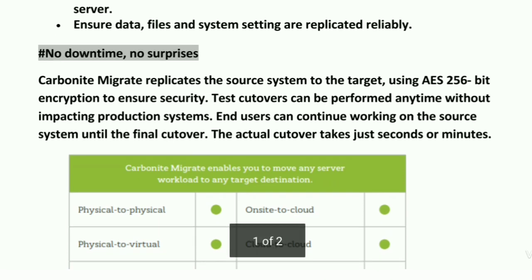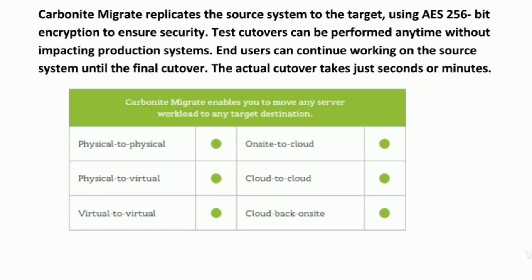So there is no harm to the source server, and users can stay connected to the source until the final cutover. Those all are things happening in the backend. This is the big advantage of this tool: there is no impact on the source server.